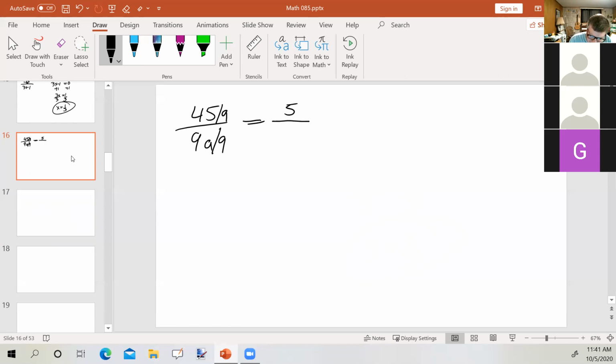What's 9a divided by 9? A. There you go. Okay. If you need to see that in a different light, there's doing it out, writing out all the little details. We're taking a 9 out of the numerator and the denominator, reducing it down to 5 divided by a.